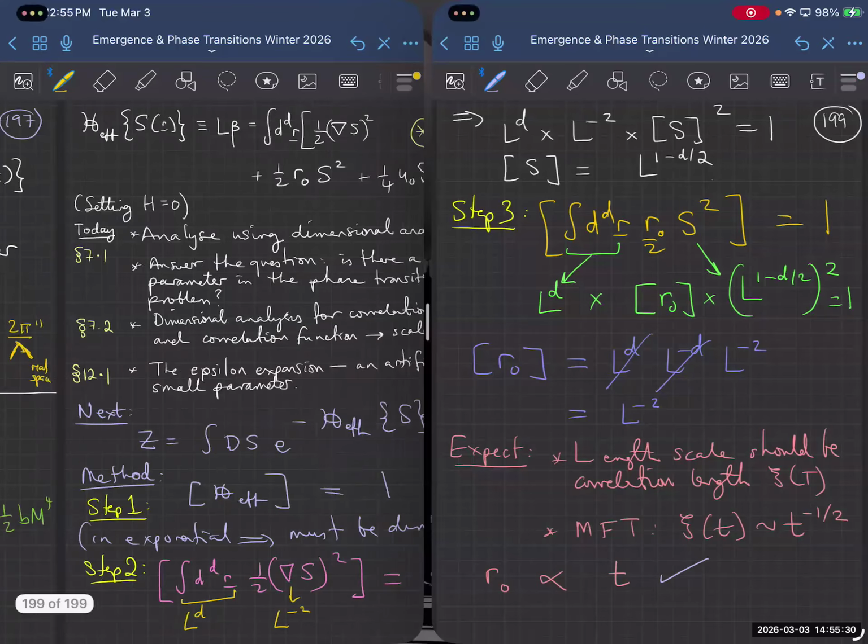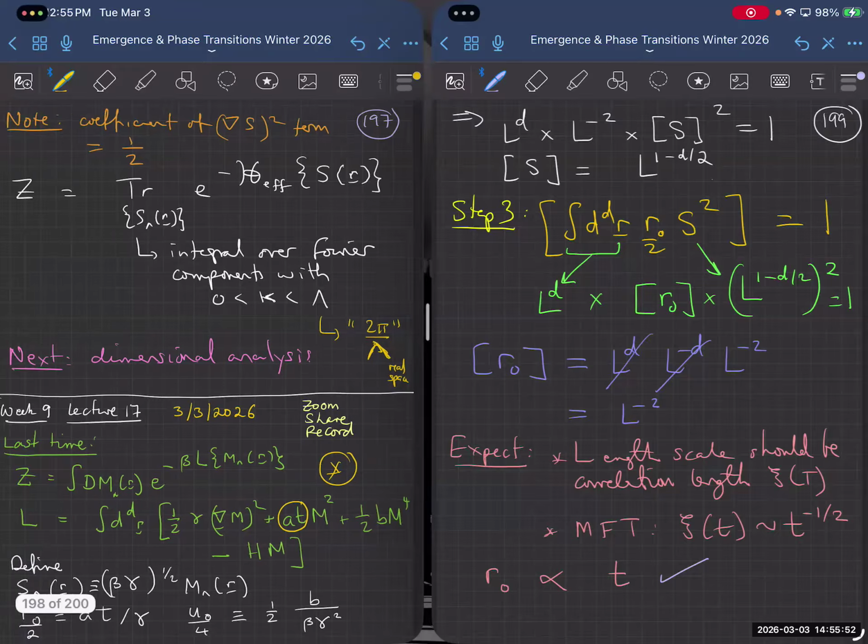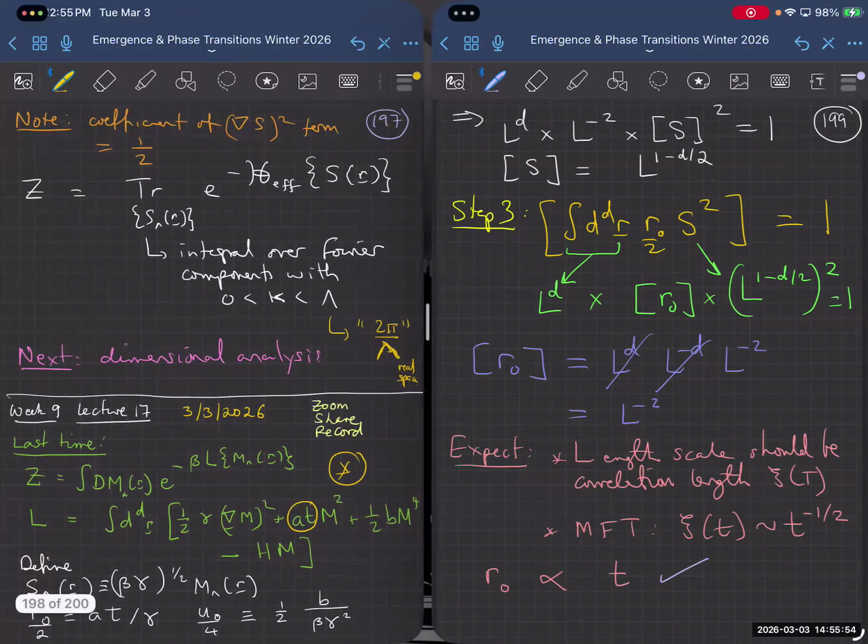because when we started off, over here we have in our Landau free energy a t times m squared. That's how we derived the Landau free energy many weeks ago. And so this dimensional analysis has correctly told us that the coefficient of the order parameter squared is proportional to t, and basically goes like 1 over the correlation length squared.